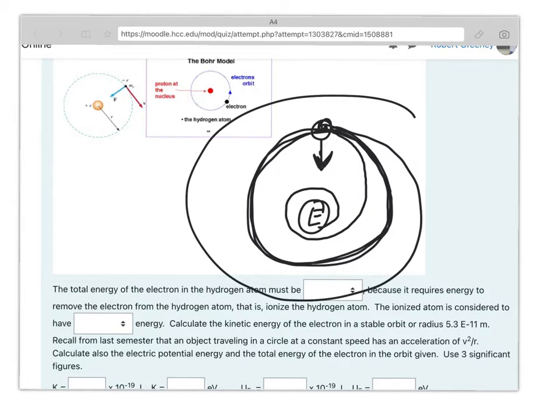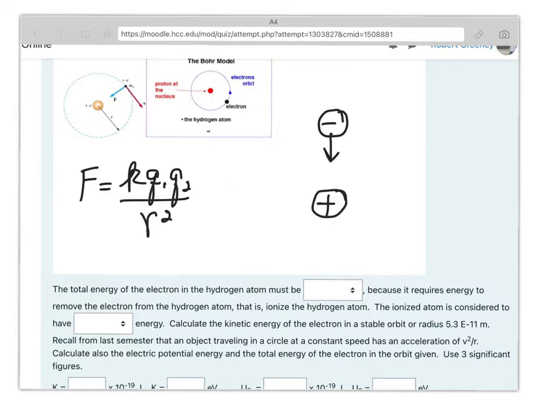Let's go to the electron and the proton. So an electron in a hydrogen atom, whether it's moving or stationary, is subject to a force. That's Coulomb's law. So I've written down what the force is. It's k q1 q2 over r squared, where r is the radius of the atom.